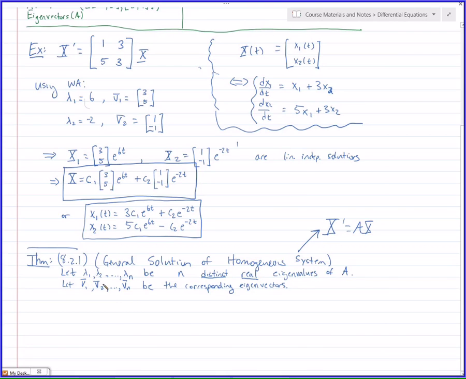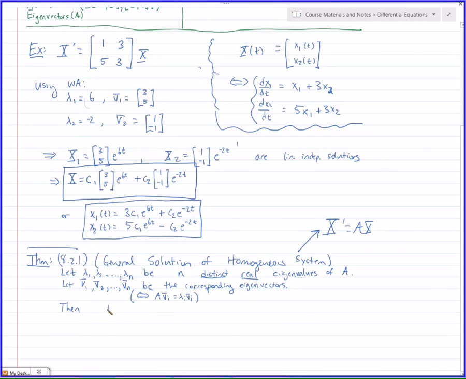So V1 goes with lambda 1, V2 goes with lambda 2, all the way up to Vn goes with lambda n. In other words, A Vi equals lambda i Vi. That's what it means to be the corresponding eigenvector.